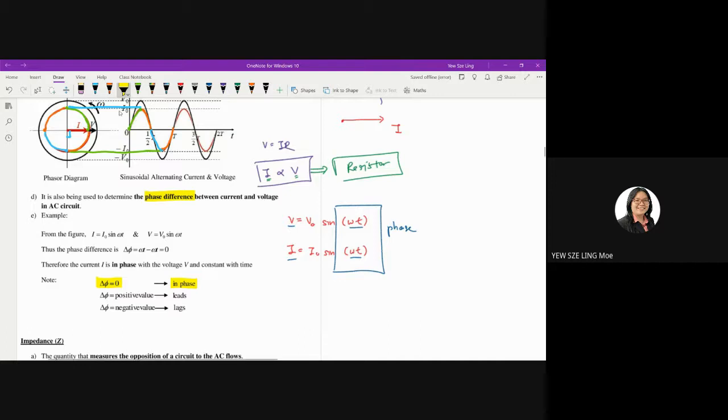From the figure above, we have I equals I sine omega t, V equals V sine omega t. The phase difference between them is omega t minus omega t, and therefore you get 0.